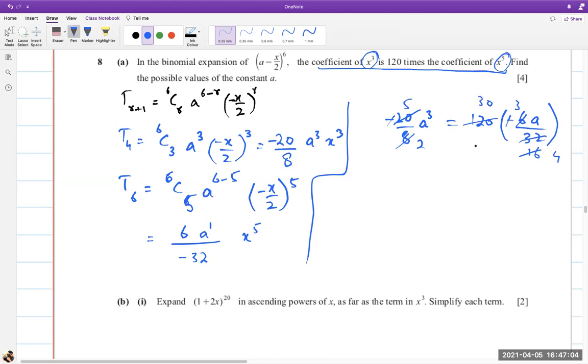So basically we can simplify this quite a lot. So that leaves me with 5 by 2 a squared is equal to 90 by 4. Basically I cancelled this a with a, and now I get a squared is equal to 9, which leaves me with plus and minus 3 as my answer for a. Okay, and there are two values, which is why they're saying possible values. So I put both there.